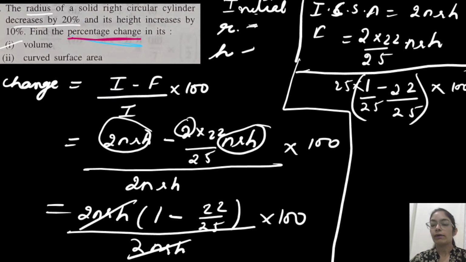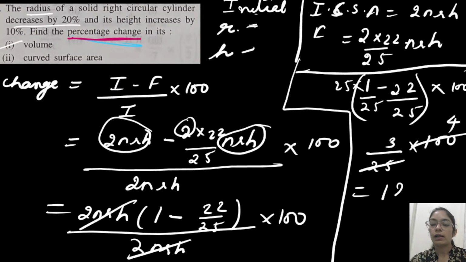So 25 minus 22 is 3 by 25, 3 only, not 23, into 100. So we can do cancellation, 25 into 4. So this is equal to 12%.